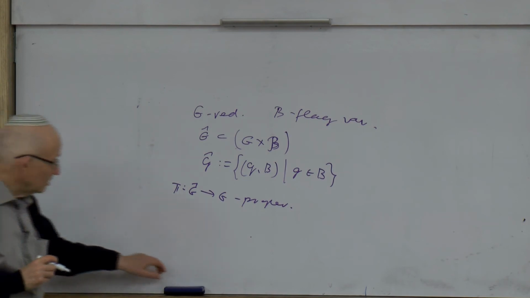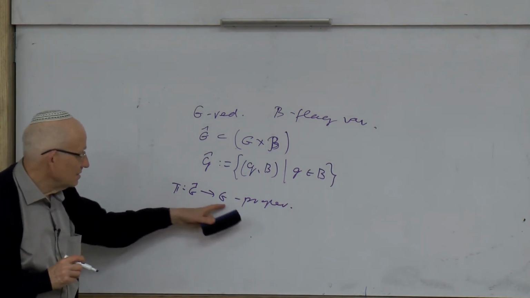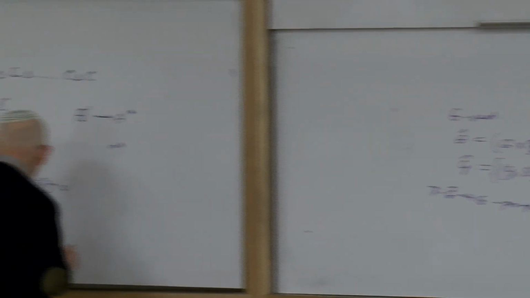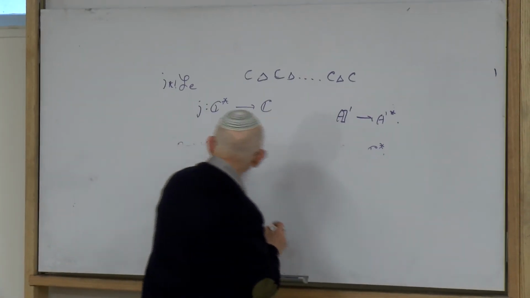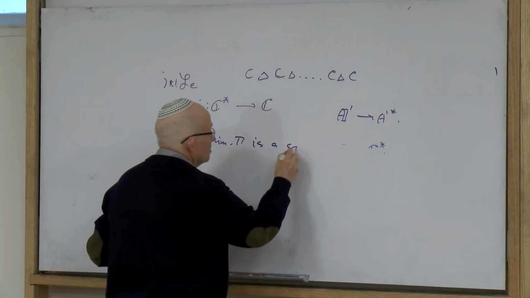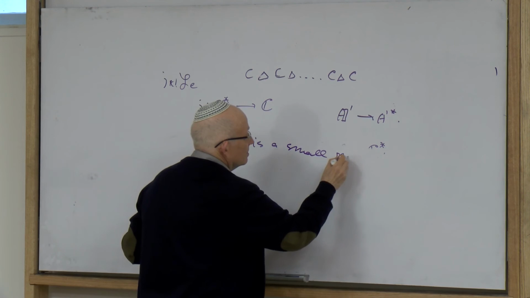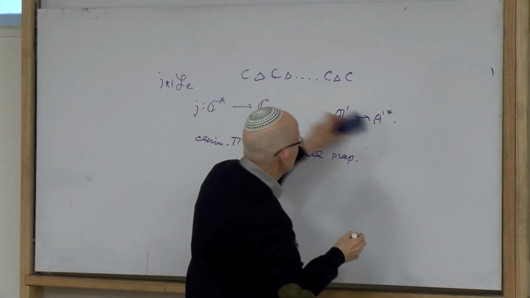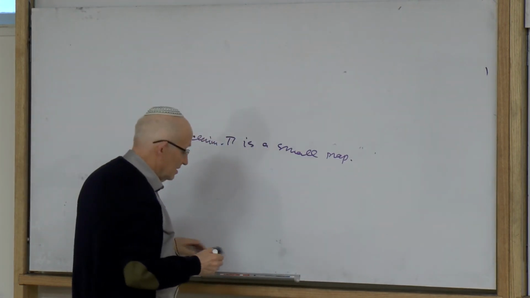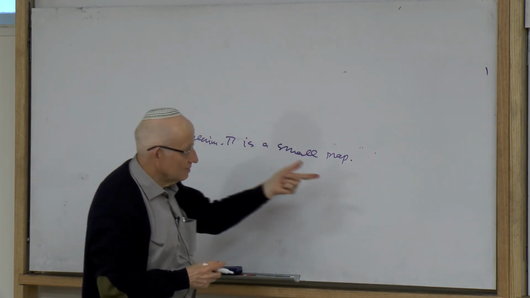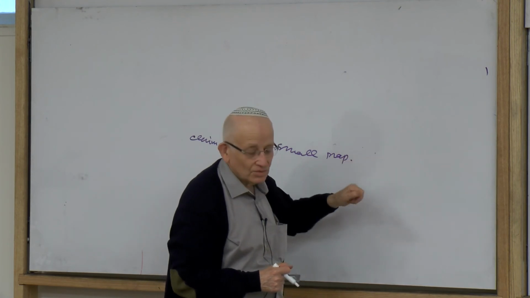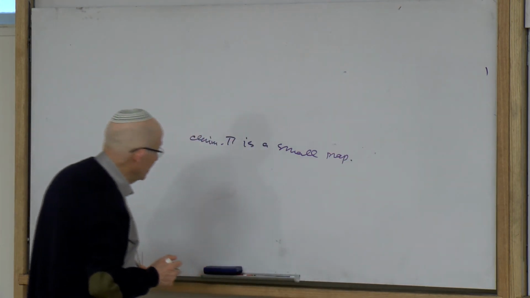Okay, so now let's understand the fibers of it. First exercise, a computation. The claim is that pi is a small map. I will leave it as an exercise. It means that you can give some very reasonable estimate on the dimensions of fibers.